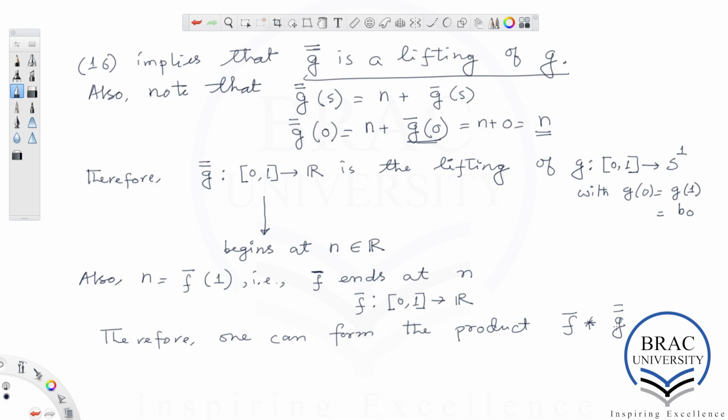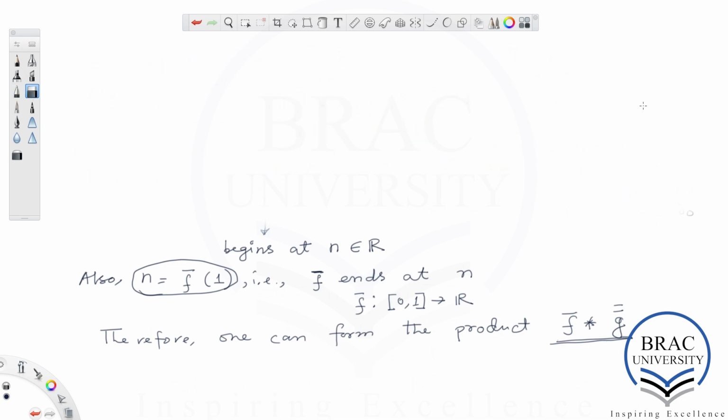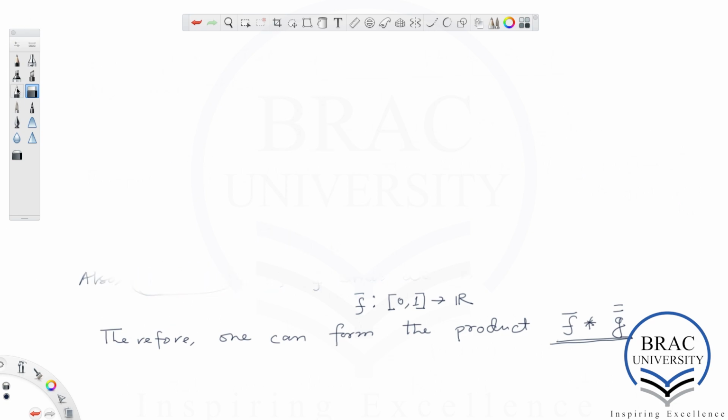Okay, so G double bar starts at n, and F bar ends at n. Therefore, we can form this product. This is well defined. So one is allowed to form this product.